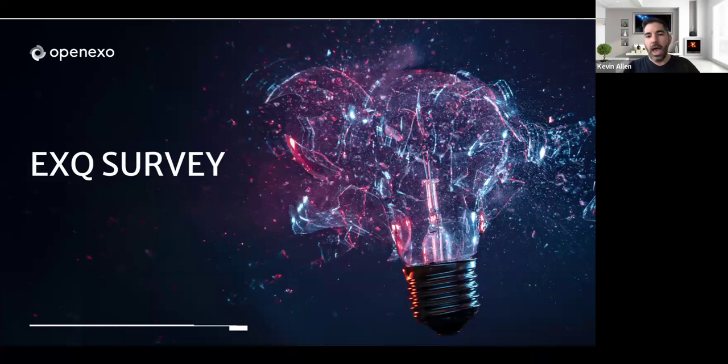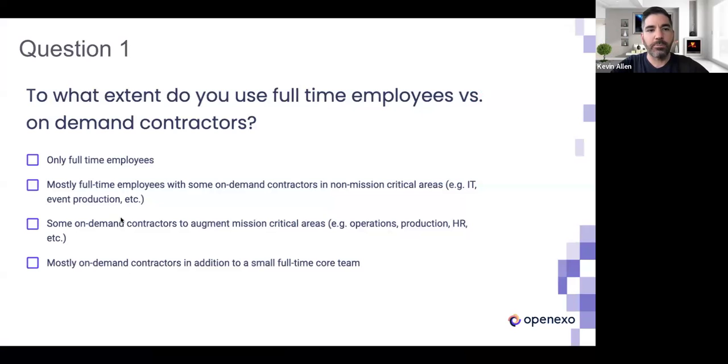And so I just put in the chat, so if you just go to exqsurvey.com, that will take you through to the exponential quotient survey. And so you will see that there will be a start button, and we'll then get into question number 1, which speaks to the staff on demand attribute, asking to what extent do you use full-time employees versus on-demand contractors.